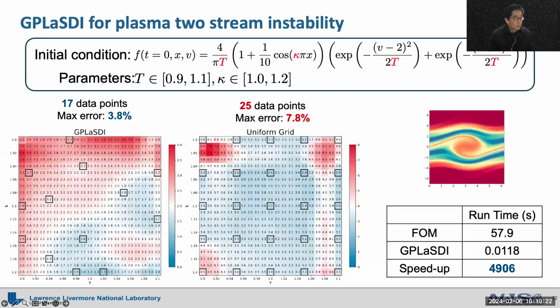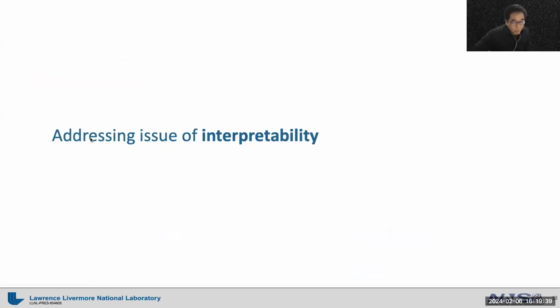While if you use 25 data points for the uniform sampling, even with more data points, the maximum error is worse than the uncertainty-based sampling procedure. All right, so that's one way of addressing the issue of relying on big data.